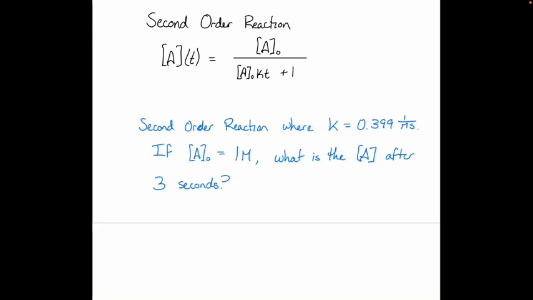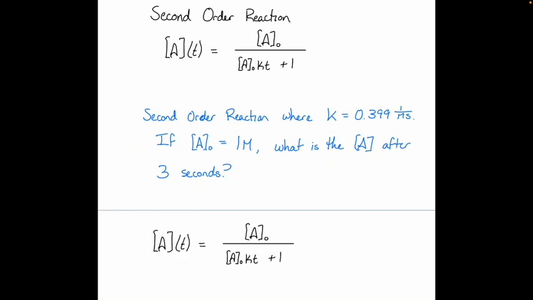Right, so now I'm asking about how the concentration of A changes over time. So I'm going to use my integrated rate law, and I'm just going to plug in my variables from this problem. We're going to be good about our units here.